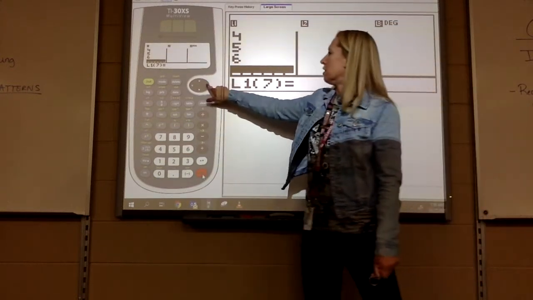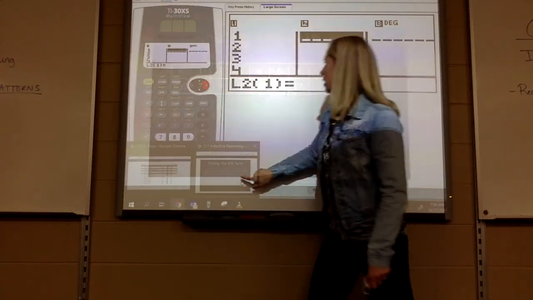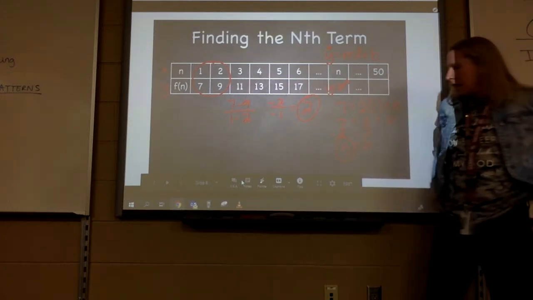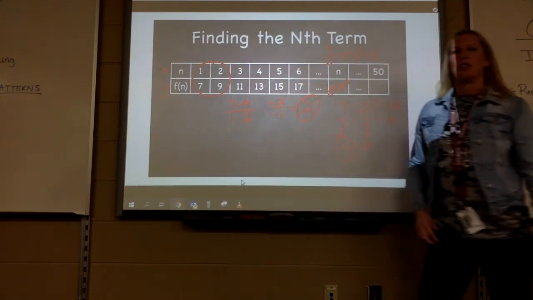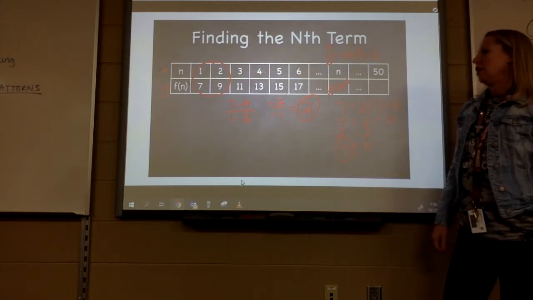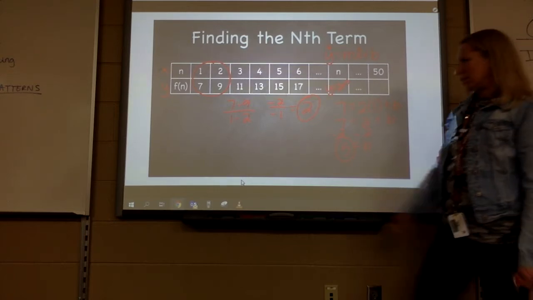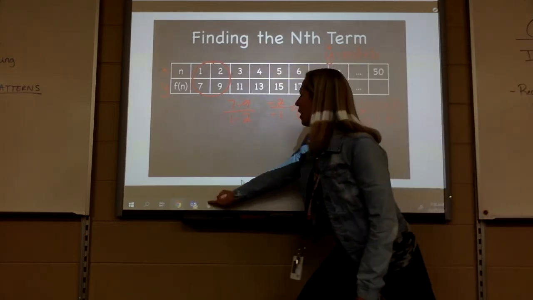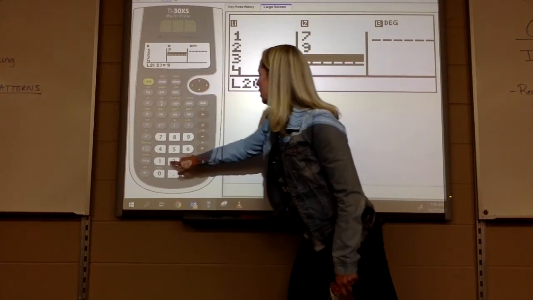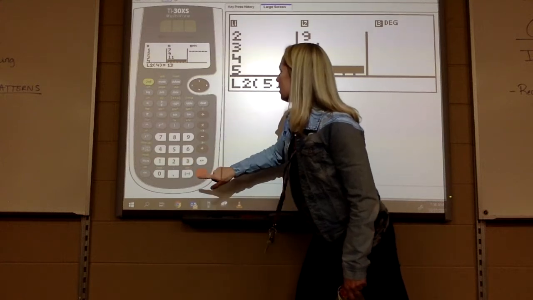Then tab over to list 2 and type in 7 enter, 9 enter, 11 enter, 13 enter, 15 enter, 17 enter.